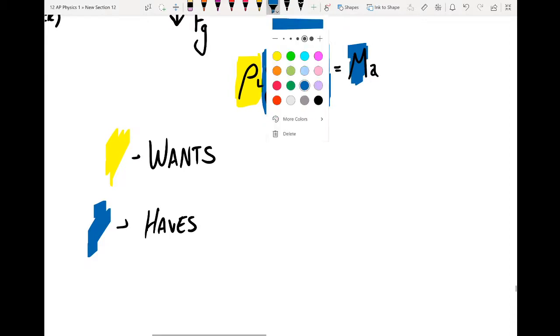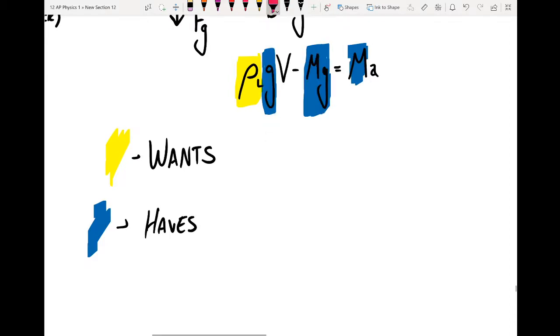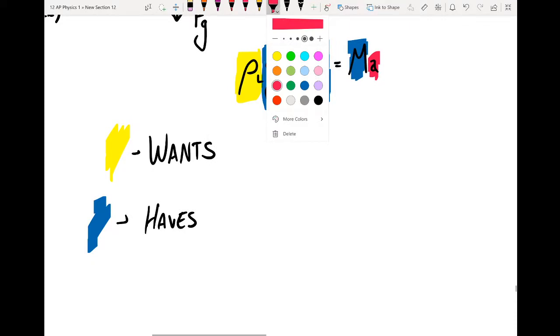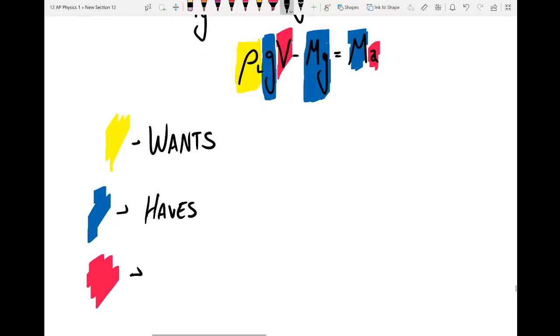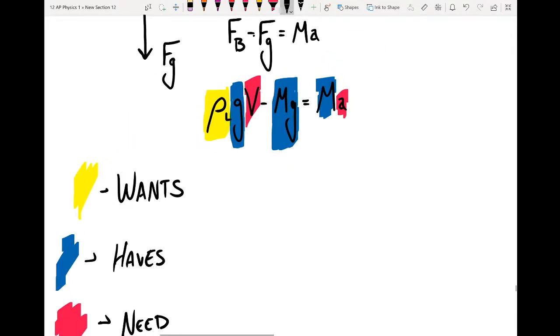And then the final stuff is what I need, maybe in this nice pretty pink color. This is what I need. If I want to set something up, I'm pretty close. I just have a few things that I need: the volume of my cubes and a.